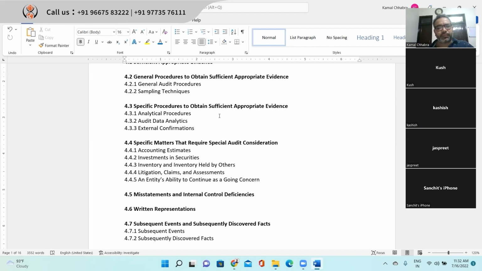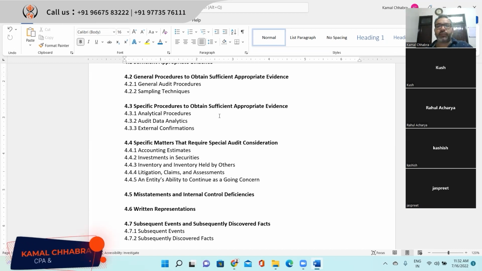Make sense? Right. So all those things you will be communicating to the management about all the misstatement as well as the internal control deficiency, including material deficiency or significant deficiency, right?